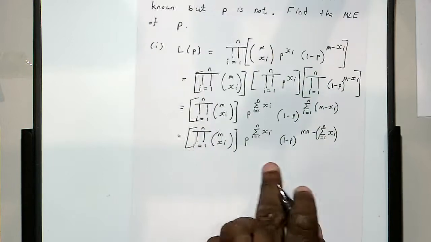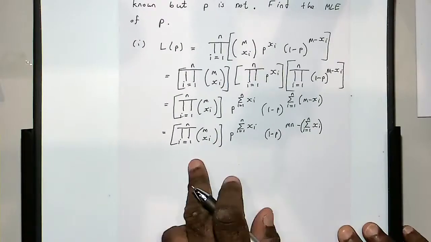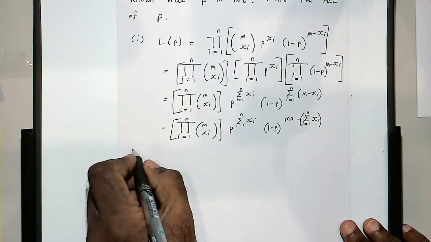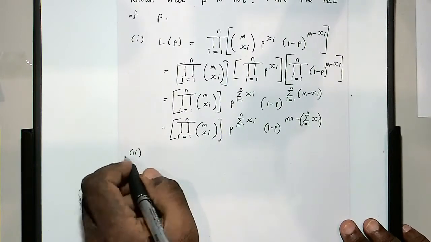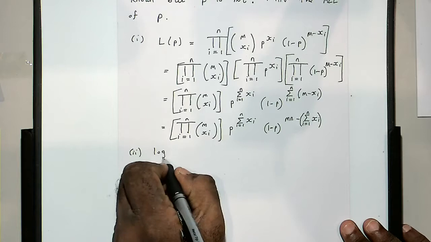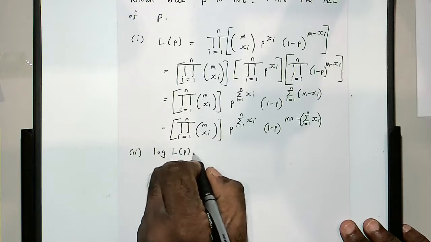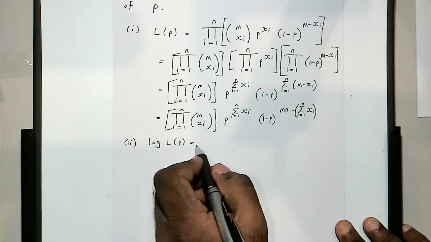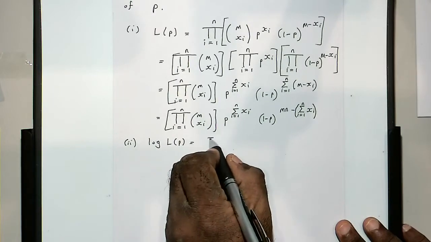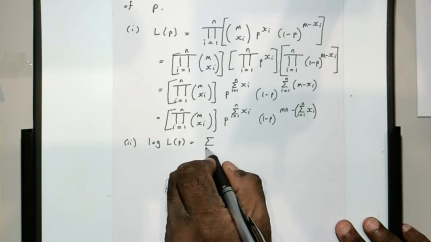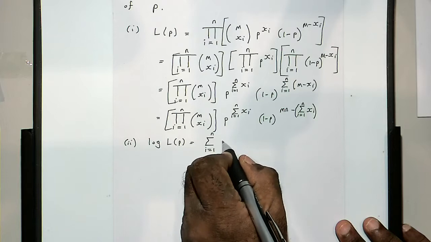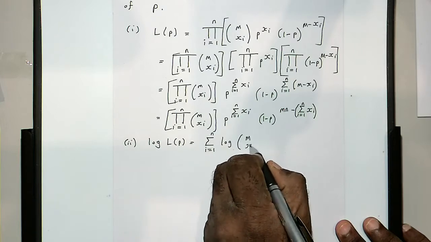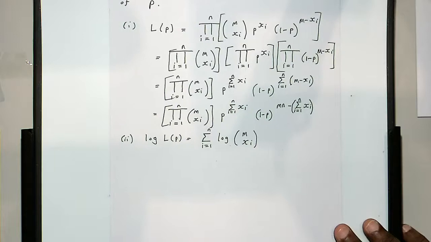So this is the likelihood function, right? The second step is to take the log of the likelihood. I'm going to do this in one step, although I can do it slowly, but I hope you don't mind. So you should do it. This is the log of the first term.